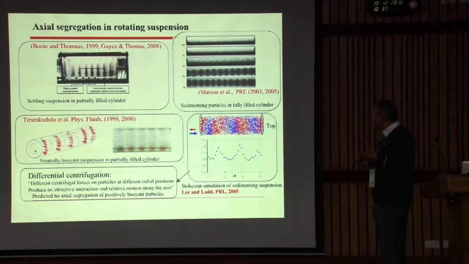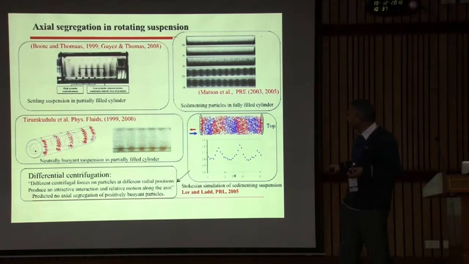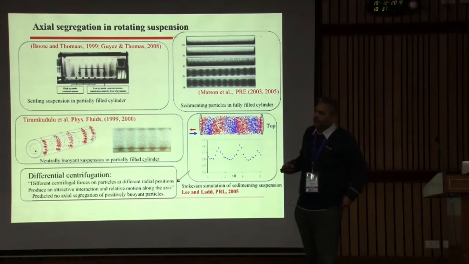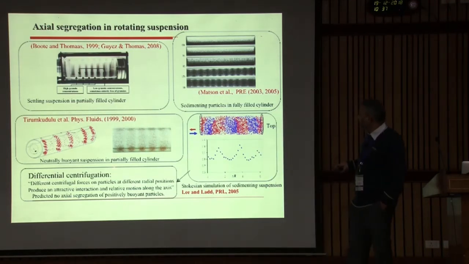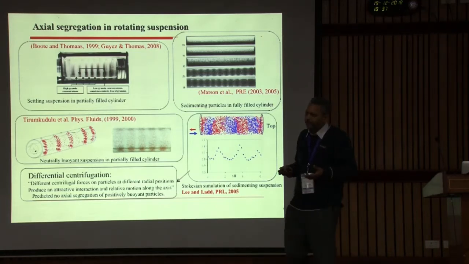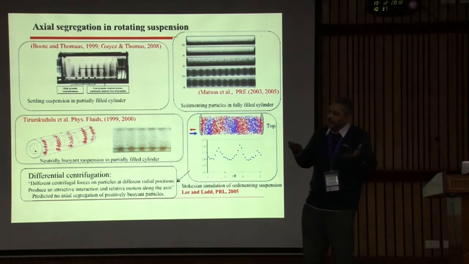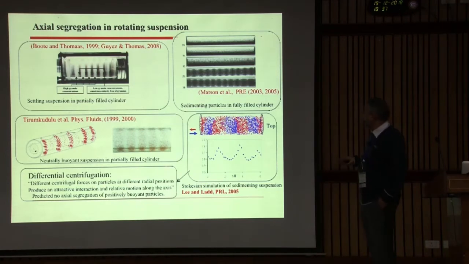They also proposed that this segregation in settling suspension occurs because of differential centrifugation, because of the relative position of these sedimenting particles. It will drive these particles to come closer. So you have attractive interaction in the centrifuge in the sedimenting particles, and that's why you see these particles forming clusters. They also predicted that in positively buoyant, floating particles, you will not have this kind of segregation; they will basically be homogeneously mixed.